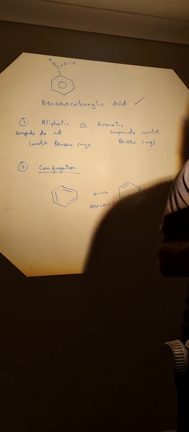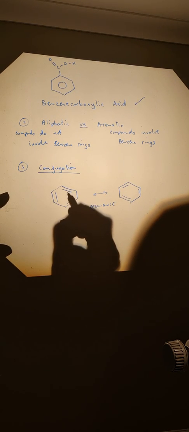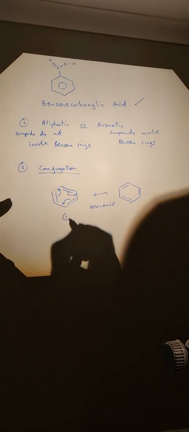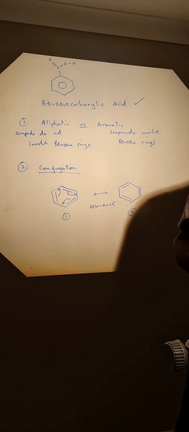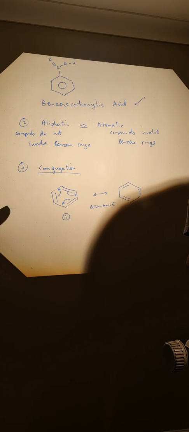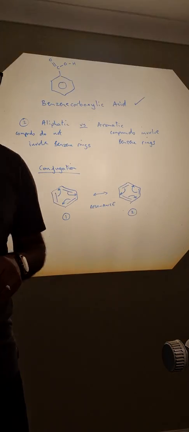Now you can show resonance quite easily by saying that what if the two electrons there move there, and then the two there move there, and then the two there move there? That would turn structure 1 into structure 2. But what would have to happen to 2? Well, in 2, the flipping of electrons, the 6 electrons, to new positions could take place to regenerate structure 1.